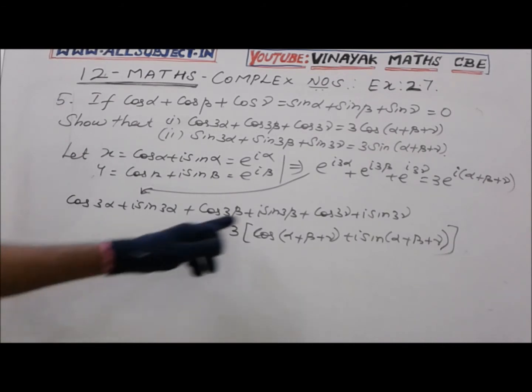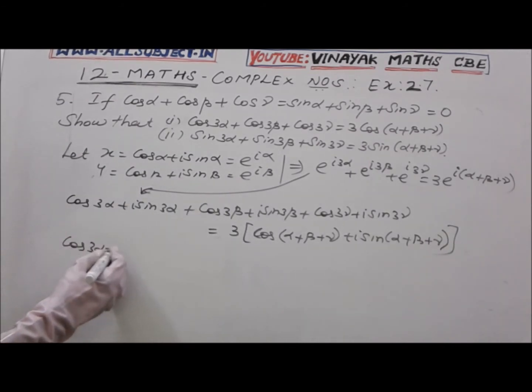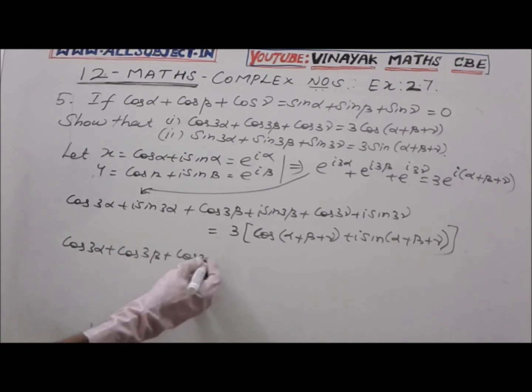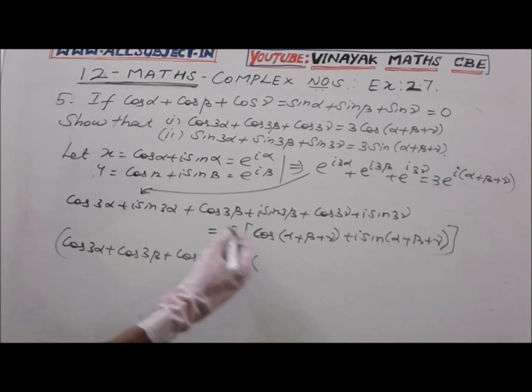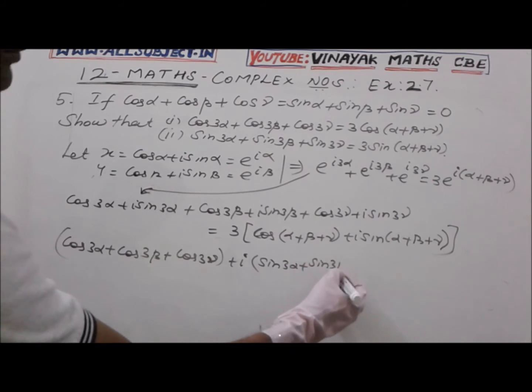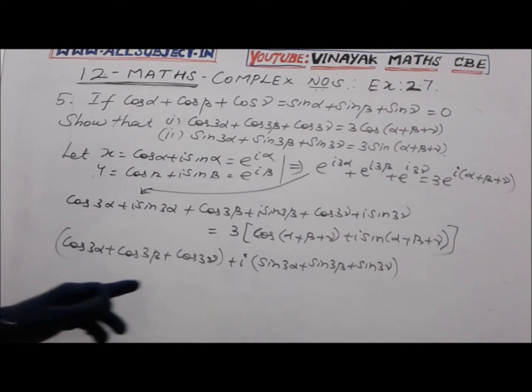Now separating the real part and imaginary part here, cos 3 alpha plus cos 3 beta plus cos 3 gamma are the real part, plus i into sin 3 alpha plus sin 3 beta plus sin 3 gamma are the imaginary part.